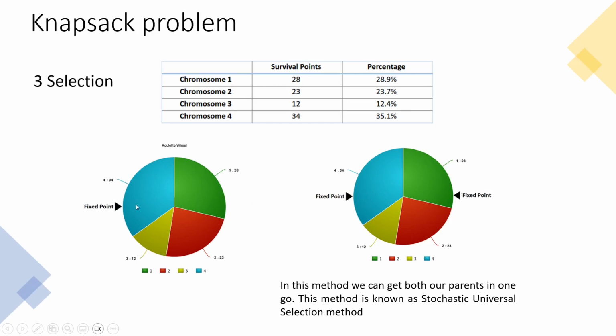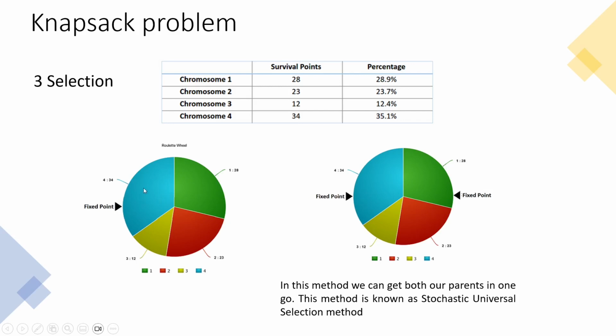You create a wheel, and the percentage of that wheel basically depends on the survival point of that chromosome. So in our case, we had 4 chromosomes in our population, remember. And we calculated their survival points. That was 28, 23, 12, and 34, which means they will have a percentage with respect to their survival points.